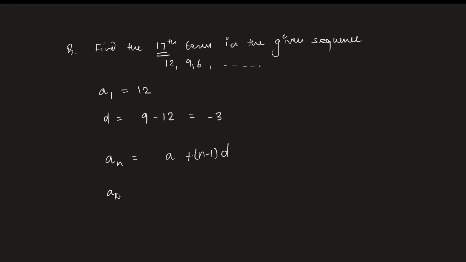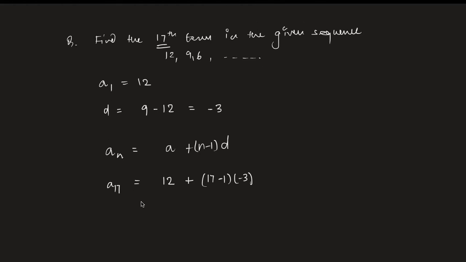So n is equal to 17. a is your 12, a represents the first term, plus n, 17, minus 1, times negative 3, since the difference is negative 3. Now we can simplify this.